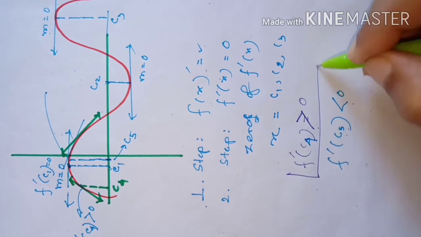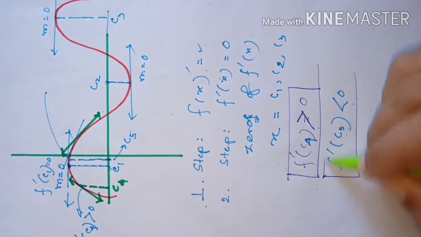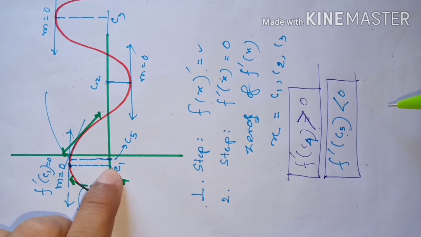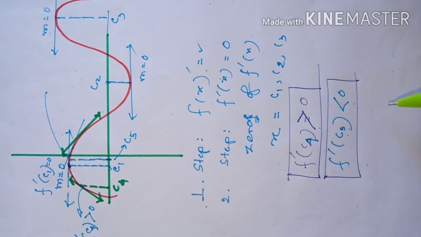If this happens, then we can say the point C1 is a point of local maxima. Local maxima is determined that way.